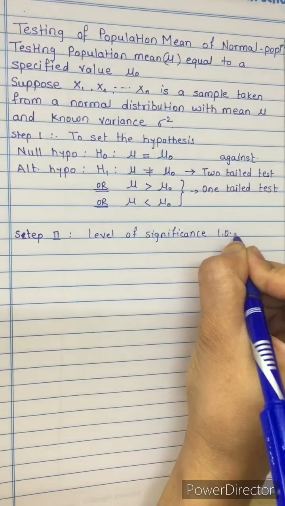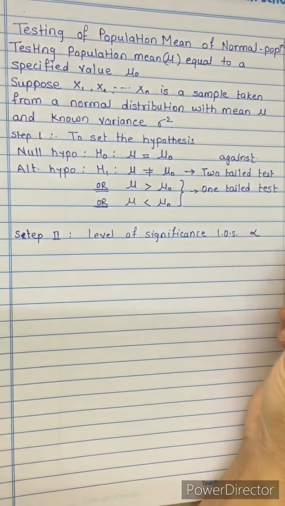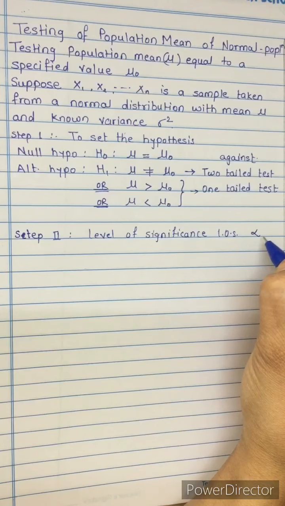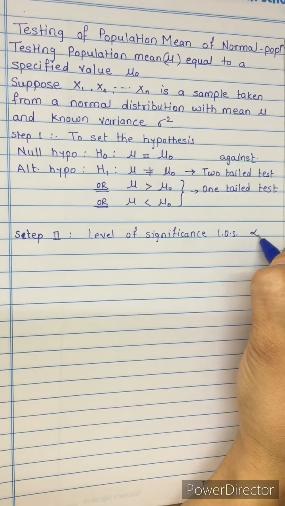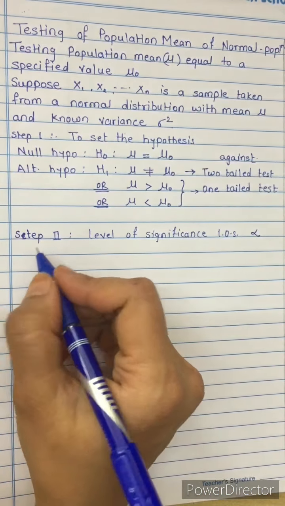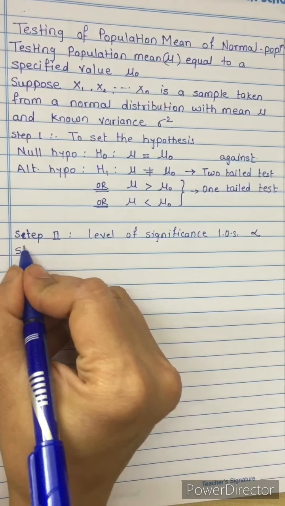In short, we can write LOS, which is alpha. The probability of critical region. Okay. Alpha, which is given to you, is either 1% or 5%. In rare cases, it is 10%. So whatever the value of alpha, we just write that in step 2. Then we go to step 3.